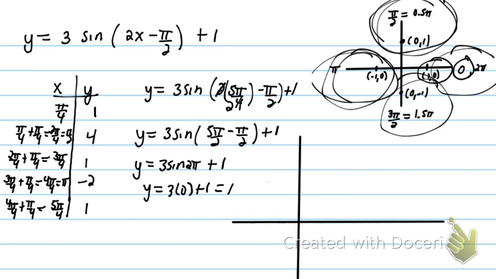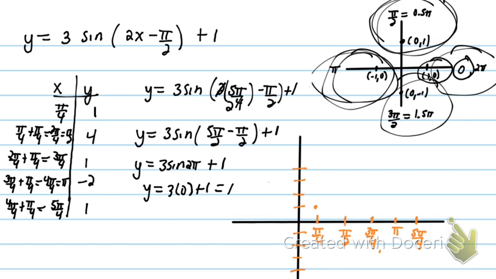All right, let's plug in our points. Let's do it in orange this time just to be different. So we're starting at pi fourths. They should be equally spaced. Next one was pi over 2. Next one was 3 pi over 4. And then 5 pi over 4. Let's see. Okay, so pi fourths we had 1.